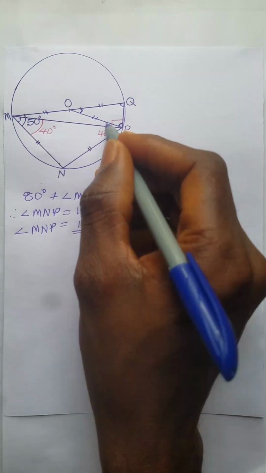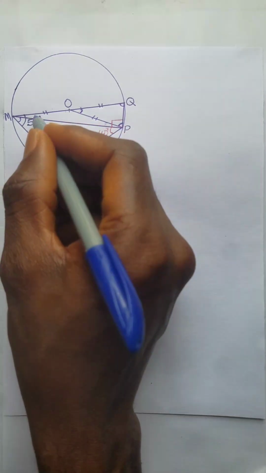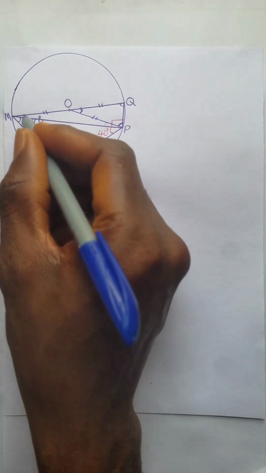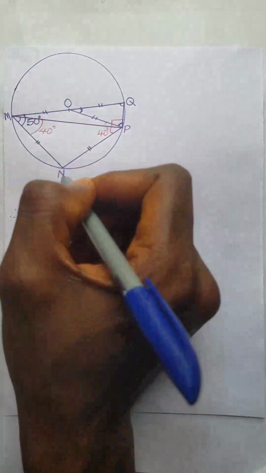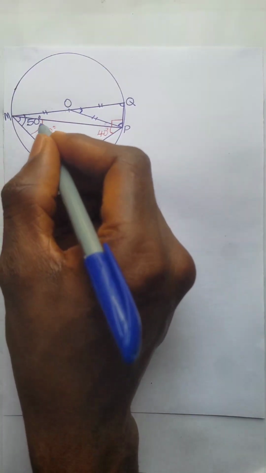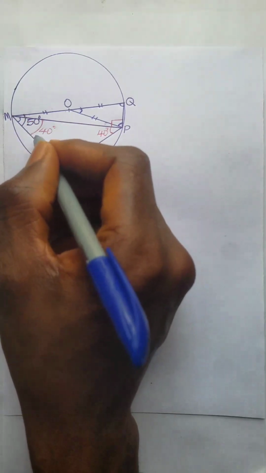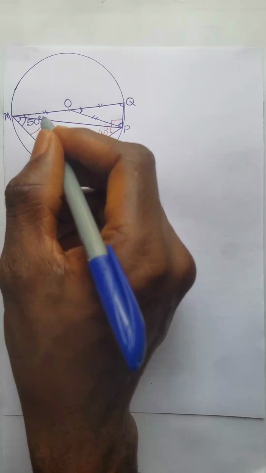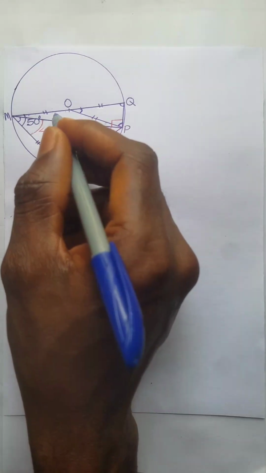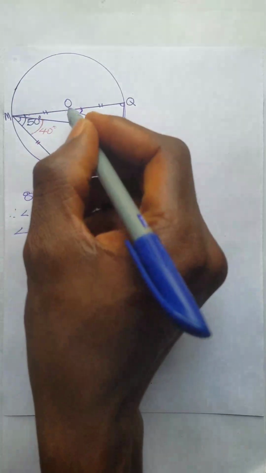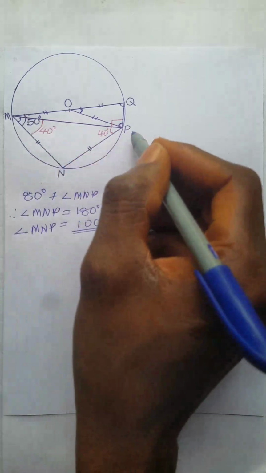Can I know this place from somewhere else? Yes, I can know it from here. Look at this. We are told that this entire angle OMN is 50 degrees. But I've now discovered that this is 40. So it means this 50 minus 40 will give me this place. Is that okay? And that is 10 degrees. So I call that little angle OMP.